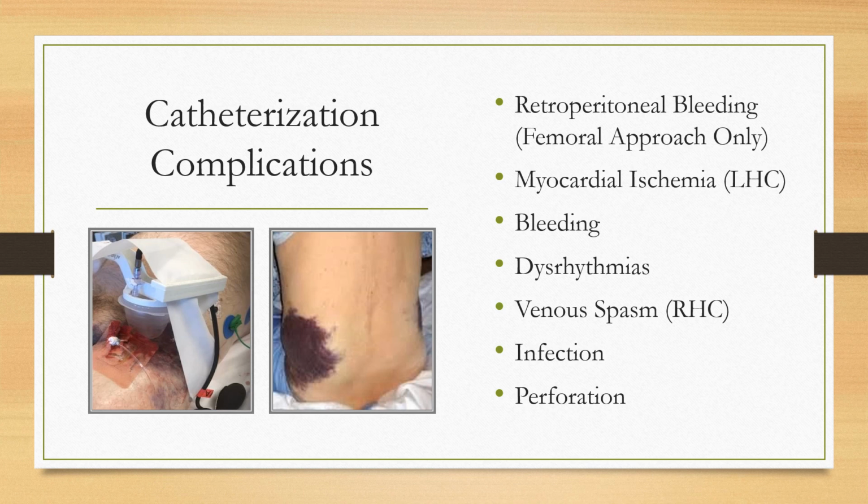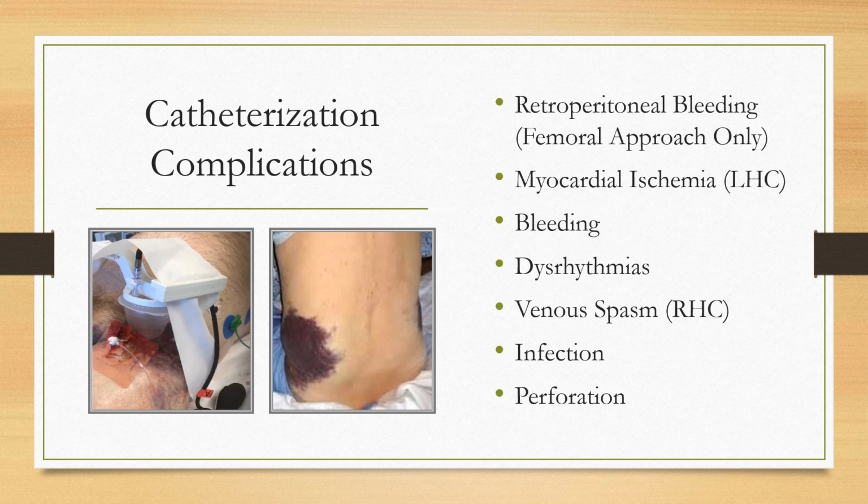We've spoken about these. Retroperitoneal bleeding would occur only if the femoral artery was used. Myocardial ischemia, that's with a left heart catheterization, where we threaded the catheter up, and a complication occurred with the coronary arteries, and one of them became blocked.